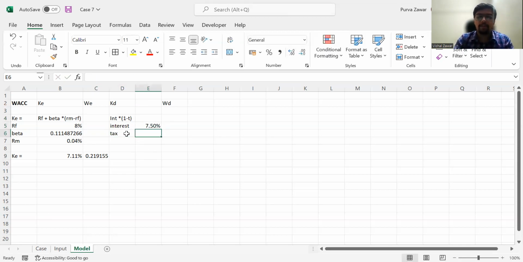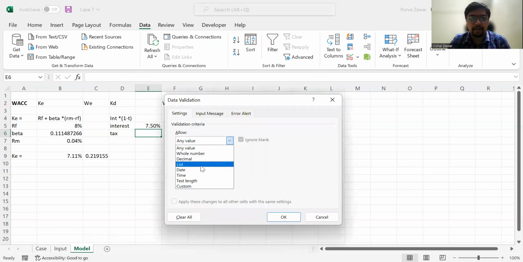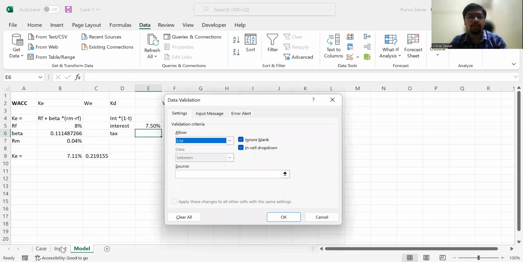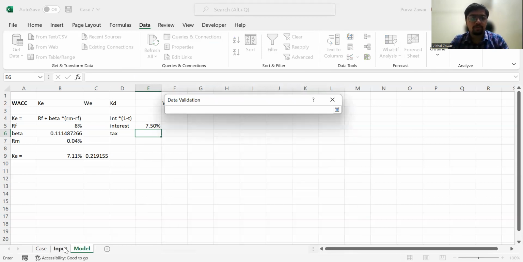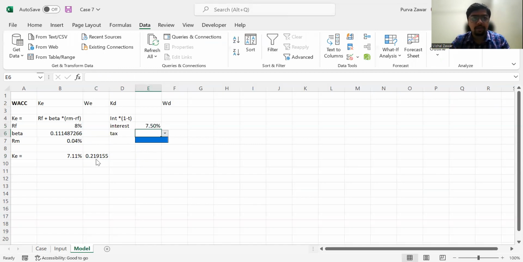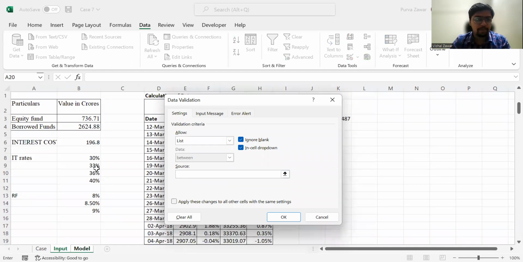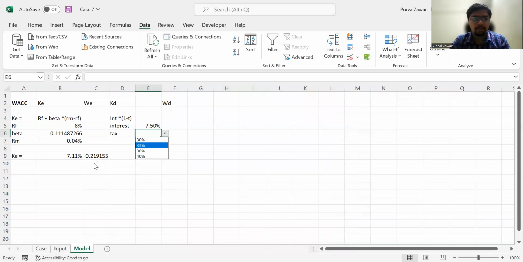And for the tax rate, we have to use data validation again. In data validation, I take a list, and as the source I give the input, where the tax rates are. So I have a list tab.